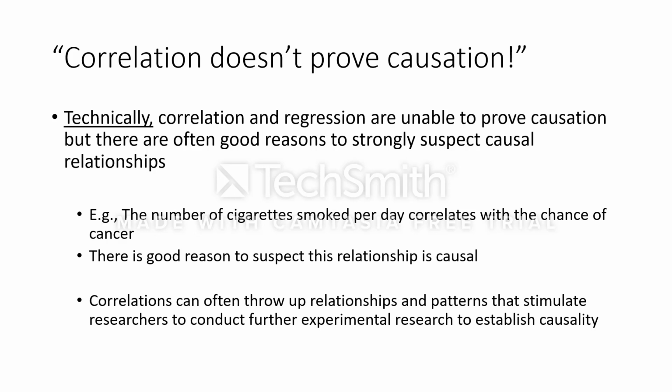For example, if we were to collect data from thousands of people about the number of cigarettes they smoke every day, and follow them up to see whether they develop cancer or not, we might find a high correlation between the number of cigarettes people smoke and their likelihood of getting cancer. People who smoke 1 or 2 cigarettes per day may have a very low risk of getting cancer, whereas people who smoke lots of cigarettes may indeed have a much higher risk of getting cancer.